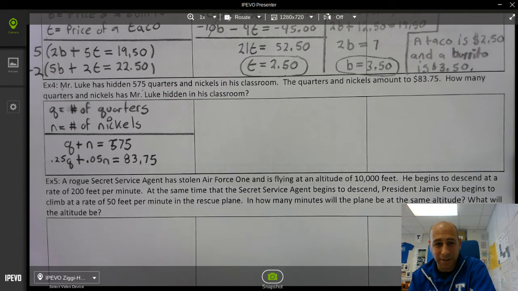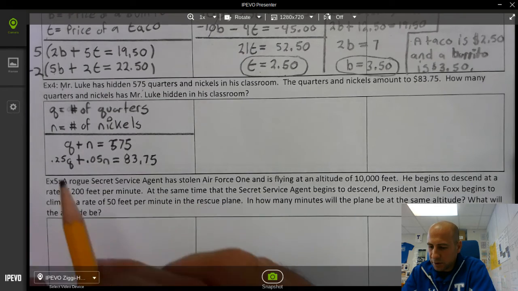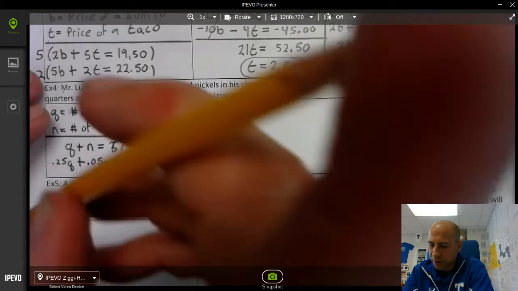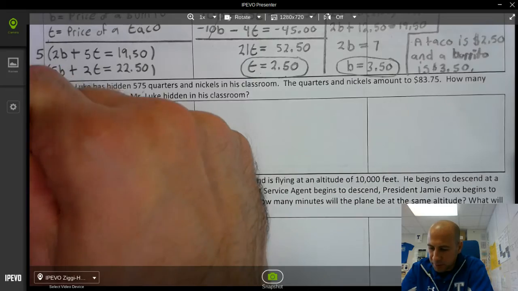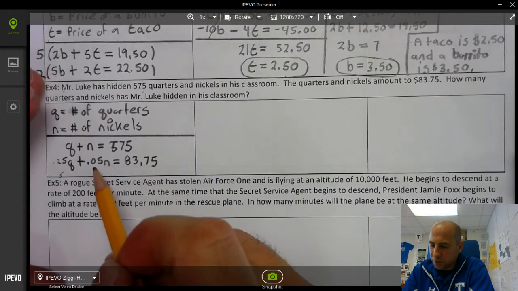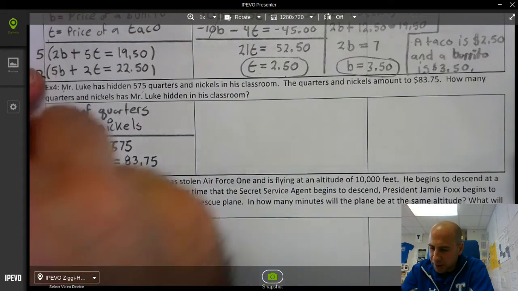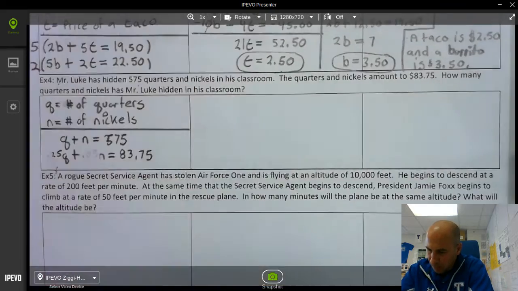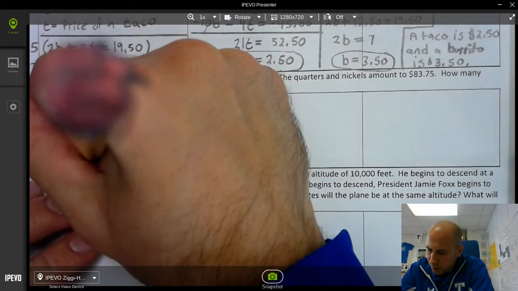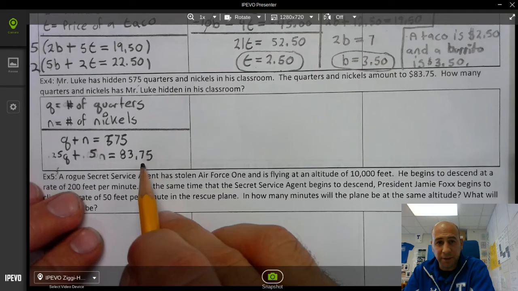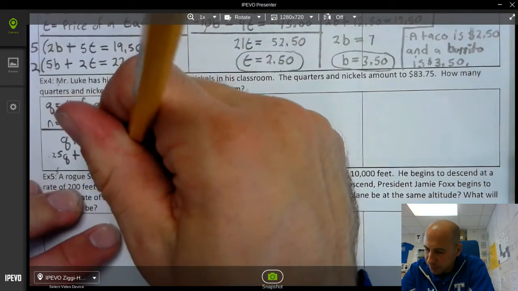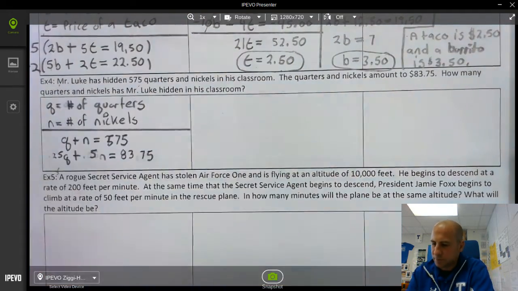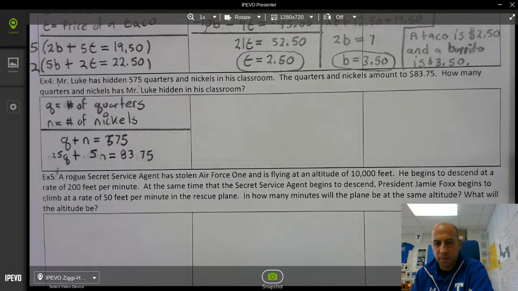Convert everything to pennies. Watch this. There's 25 pennies in a quarter, so now we can just make that 25. Okay. There's 5 pennies in a nickel, so that's 5. And $83.75 is 8,375 pennies. Okay.